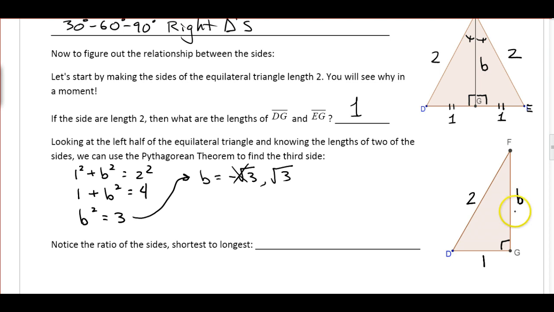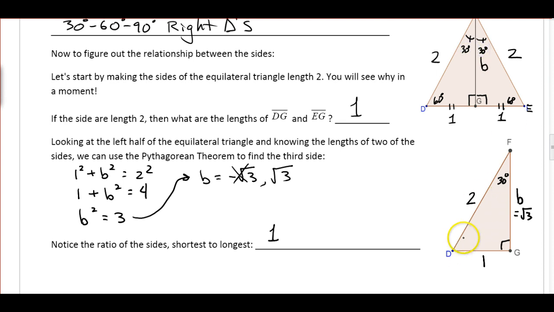So now we know that this side here is square root of 3, and we can see that the ratio of the sides shortest to longest is going to be, the shortest side is 1. That's opposite the 30-degree angle, right? Because up here I knew this was 60, and this was 60 because it's equilateral, and this was 60 up here, but that was an angle bisector, so those are each 30.